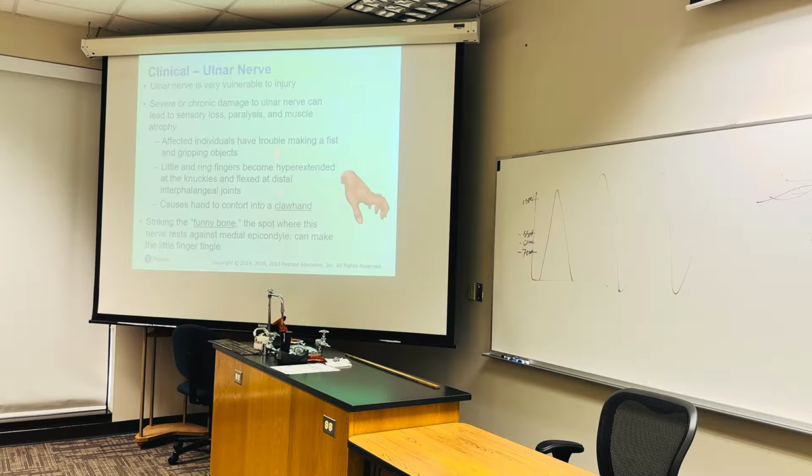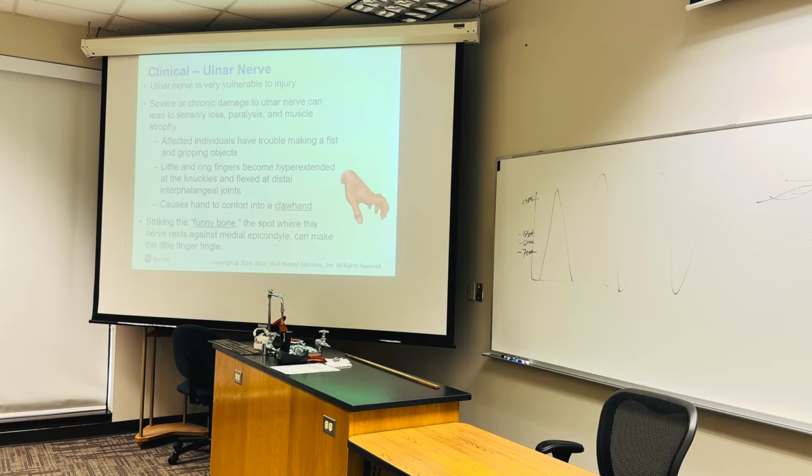The affected individuals have trouble making a fist and gripping objects, and gripping is a very important function. I don't think you guys are aware of that, but it is also a very good predictor of longevity. So as we grow older, our gripping capability actually what? Decreases.